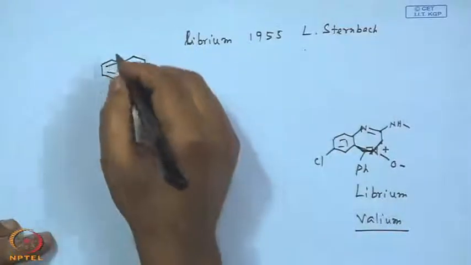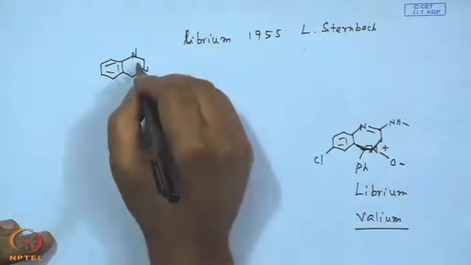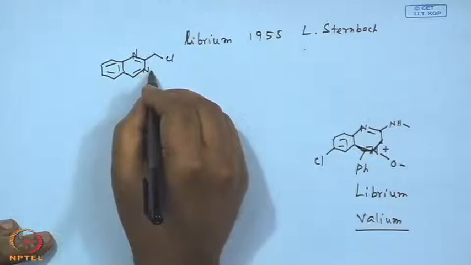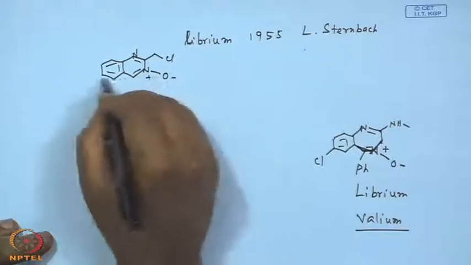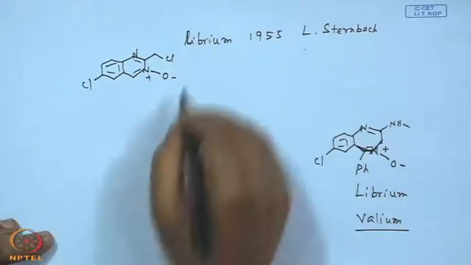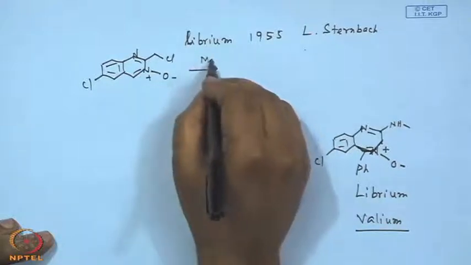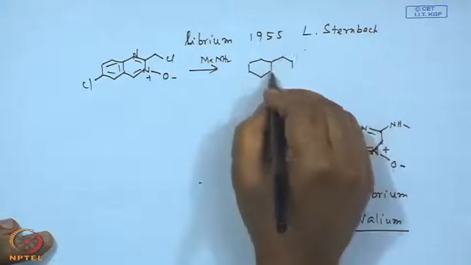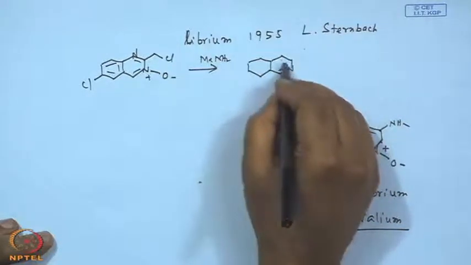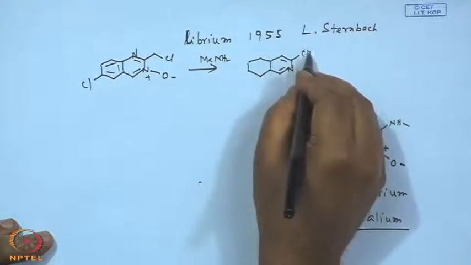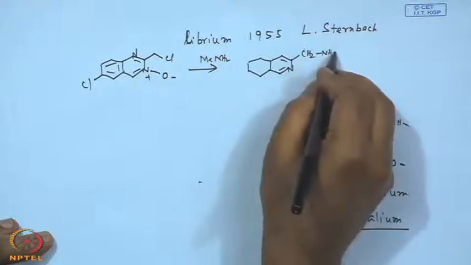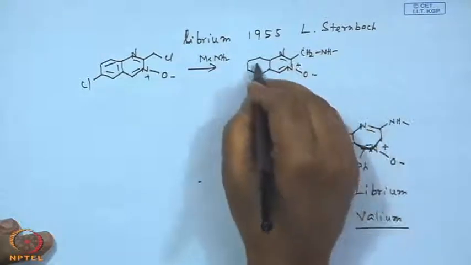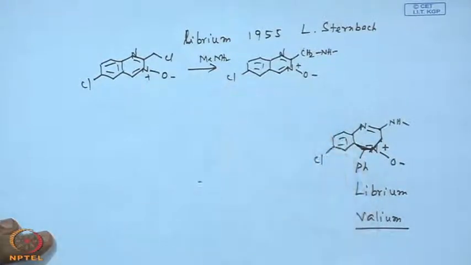Actually, what Sternbach wanted to do, he made a compound of this kind, this one and this chlorine here. He wanted to displace this with methylamine, just simple displacement reactions, which was to give NH and a methyl group here, this nitrogen, this and this chlorine.